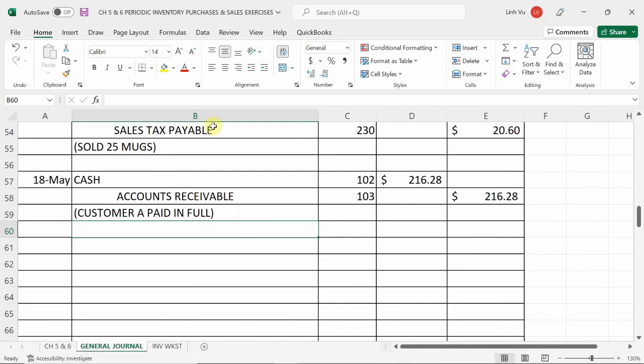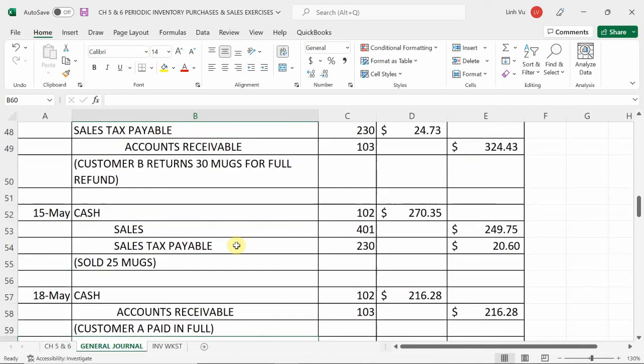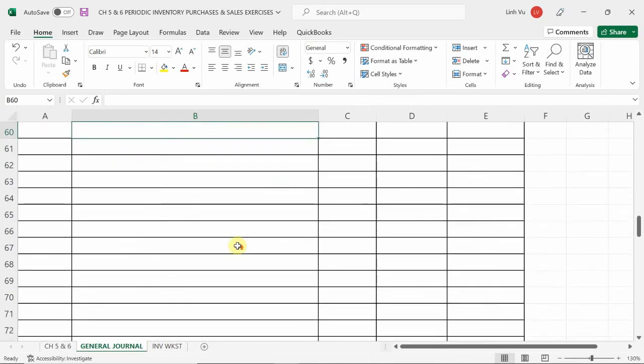So again, does a payment affect my inventory? Why? I already sold the items to them. What does a payment do? I've already recorded that I got my sales.